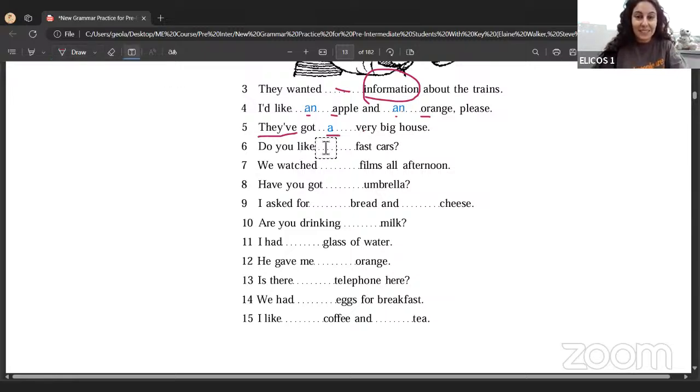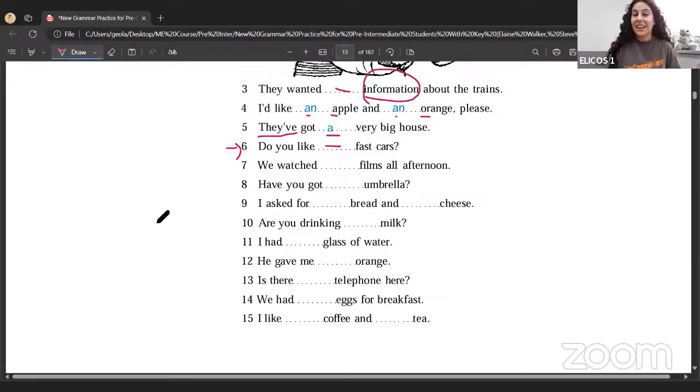Did you want to try 6? So we're putting a or an, or maybe no, number 6. There's no article.